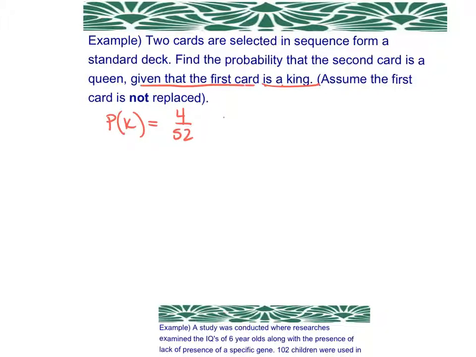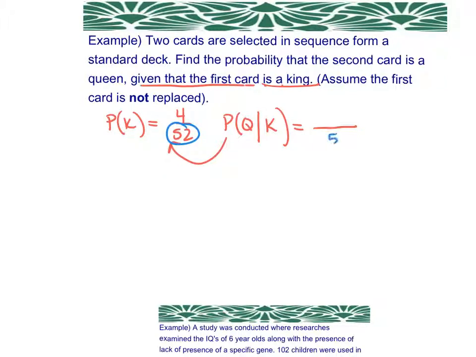Now I want to find the probability that the second card is a queen, given that the first card was a king. So it's not really necessary that I know this, other than it's good to know that I have 4 kings. But what's important is that I'm assuming here that the first card that I picked was a king. So that means when I'm going to pick the second card, I no longer have 52 cards anymore.